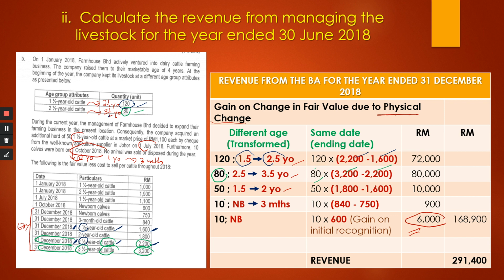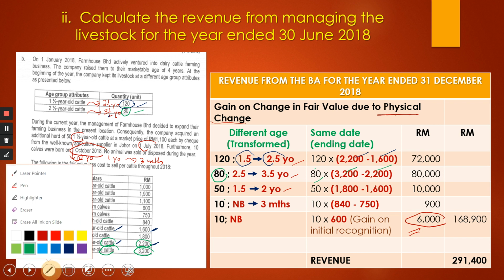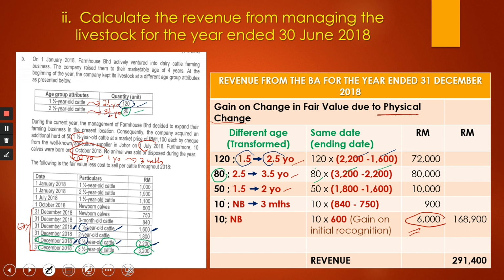Next, we go on looking at the third age group, where we'll use red now. So the third age group would be the age 1.5, at the end of the year, comparing with 2 years old, also at the end of the year.